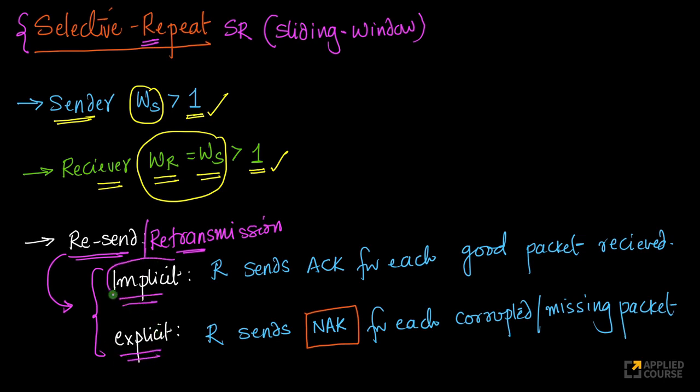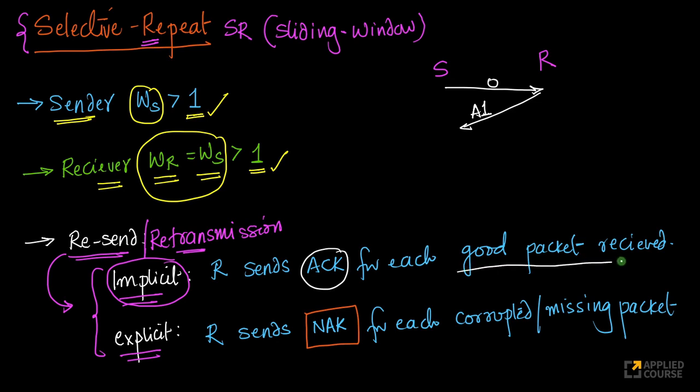In implicit retransmission, you have your sender and your receiver. The sender sends something; let's assume I send frame 0. The receiver always sends an acknowledgement back, say acknowledge 1. So the receiver always sends an acknowledgement for every good packet received.